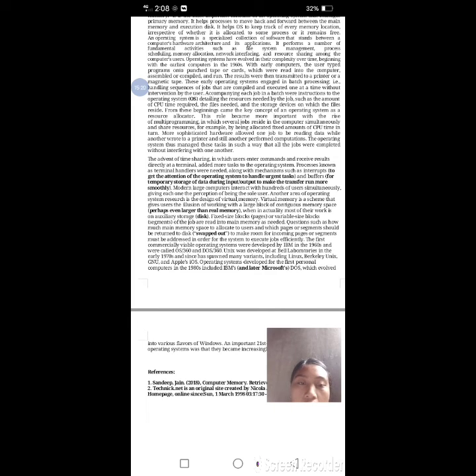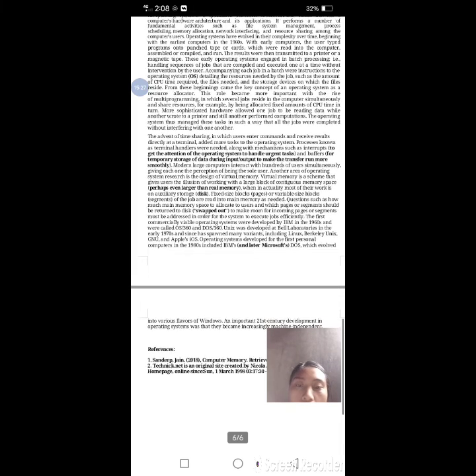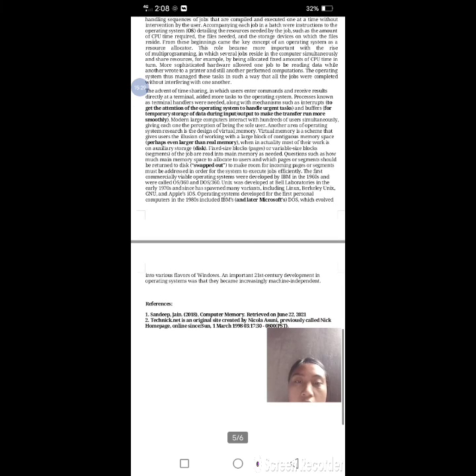Questions such as how much memory space to allocate to the users and which page or segments should be returned to disk, swapped out, to make room for an incoming page or segment must be addressed in order for the system to execute jobs efficiently.